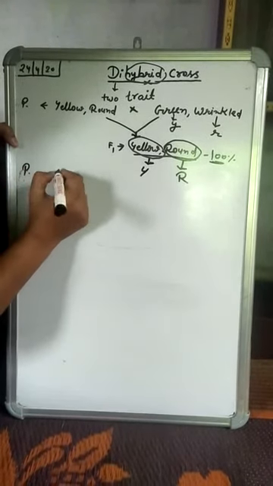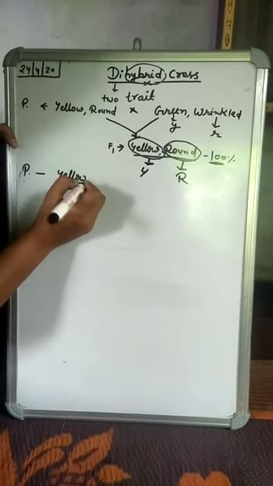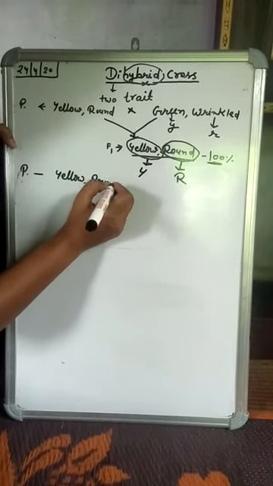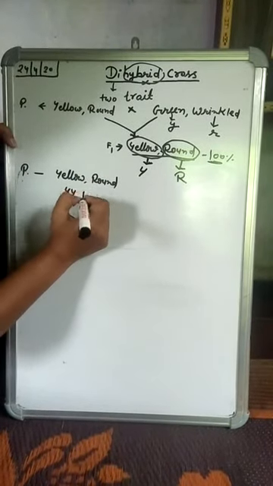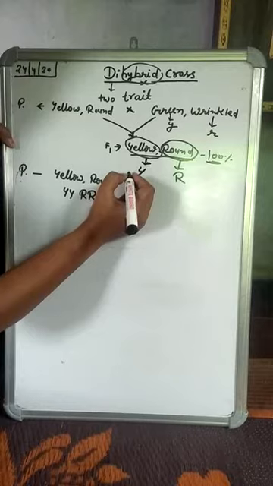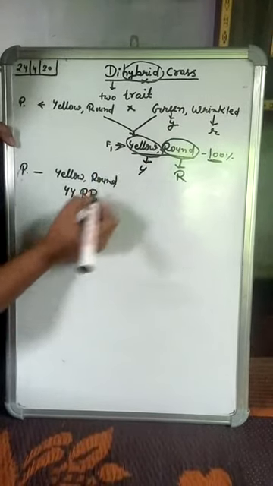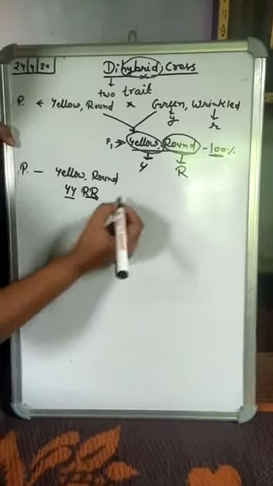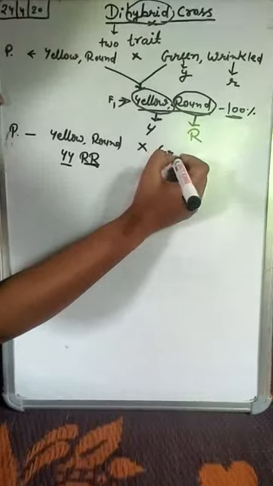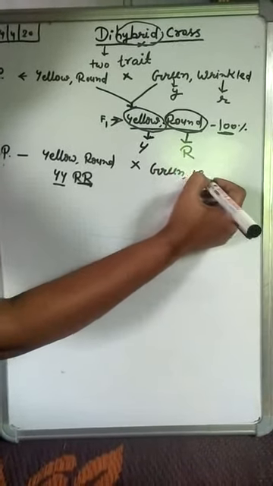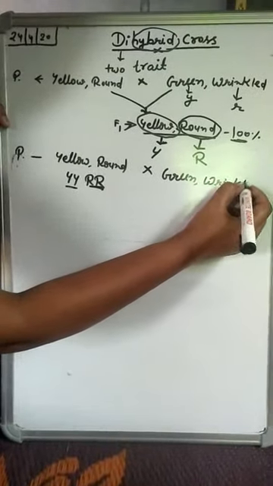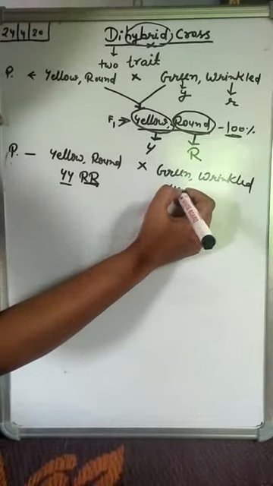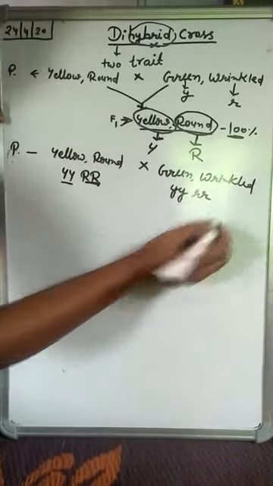The parent, yellow and round. Now we can write the genotype also, because by showing the F1 generation we come to know which one is dominant and which one is recessive. Green and wrinkled, green and wrinkled.